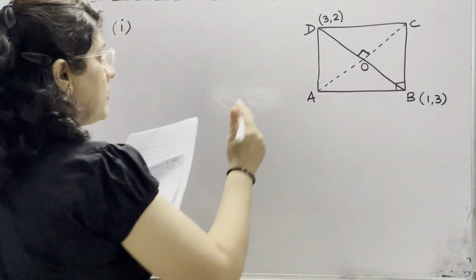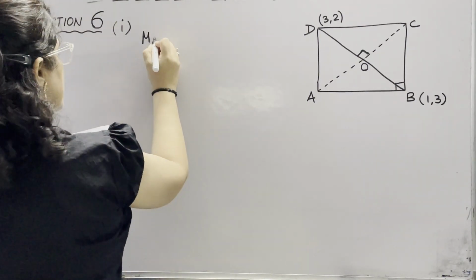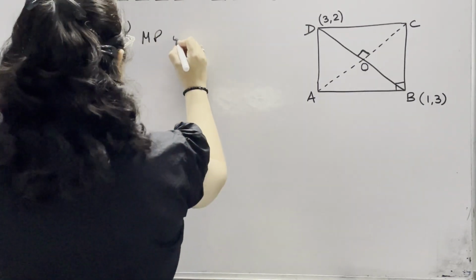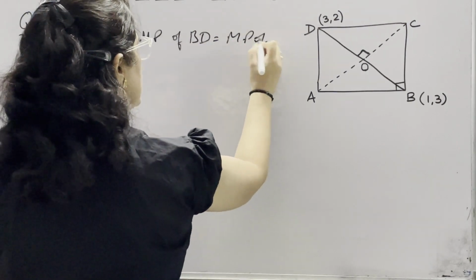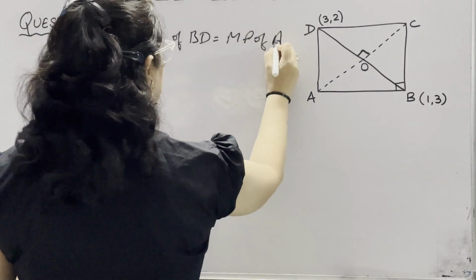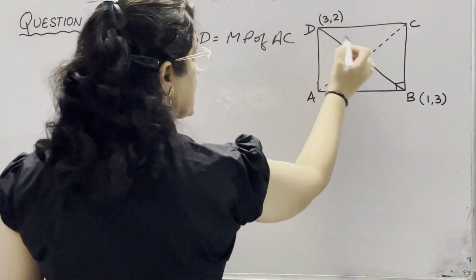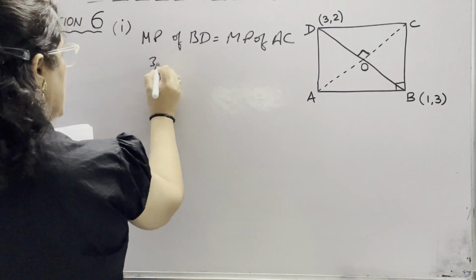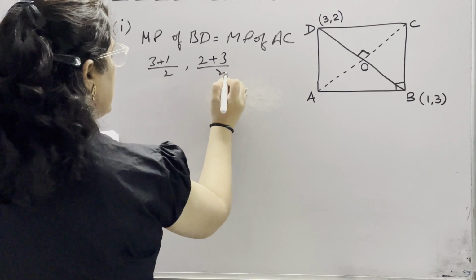So if diagonals bisect each other, it means their midpoints are the same. So we start with this question as the midpoint of diagonal BD is equal to the midpoint of diagonal AC. Now for finding the midpoint of DB, we know the formula: (x1 plus x2) divided by 2, it means (3 plus 1) divided by 2, and then (y2 plus y1) divided by 2.